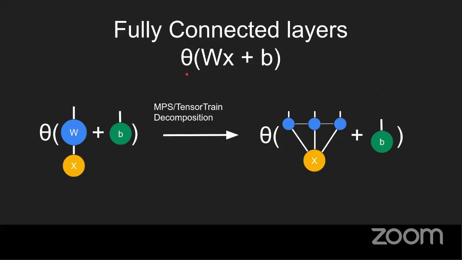If you've ever taken a machine learning class, you've almost certainly seen an equation that looks like this. X is your input vector to your layer. This can be your actual input data, or it could be the output of a previous layer in your neural network.